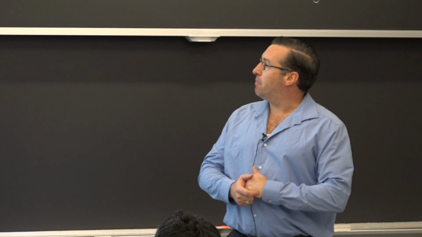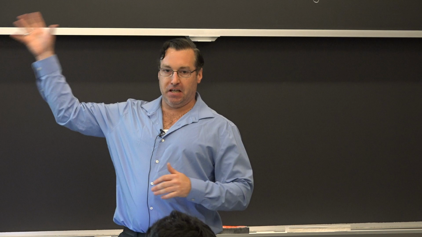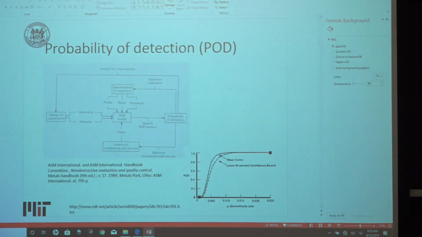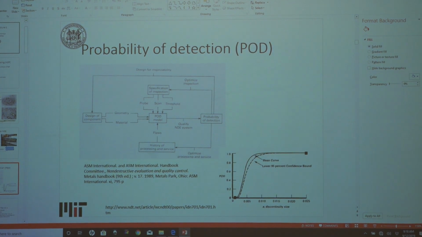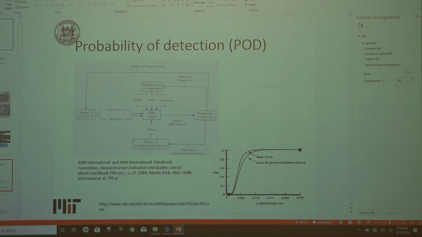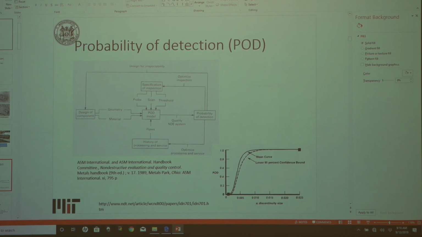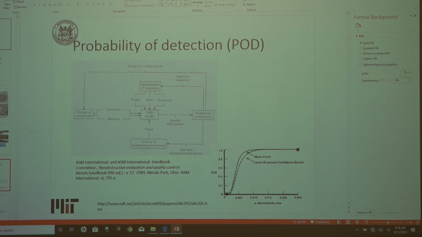So back to the probability of detection. What you're going to see here is essentially the feedback loop when you're doing inspection and tying it in for probability of detection and to get to a specific confidence level. So if it's for a critical structural application, the metric that the industry has approved is a 95% POD at a 90% confidence level.